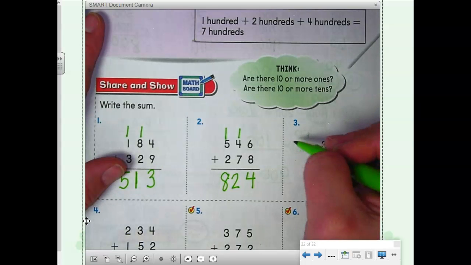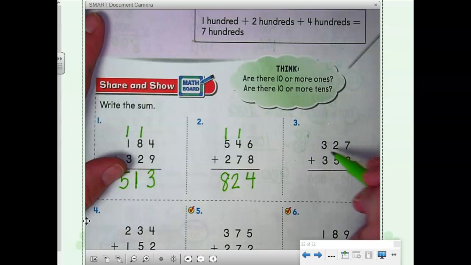Number 3. 327 plus 353. 7 plus 3 equals 10. 1 plus 2 equals 3. 3 plus 5 equals 8.